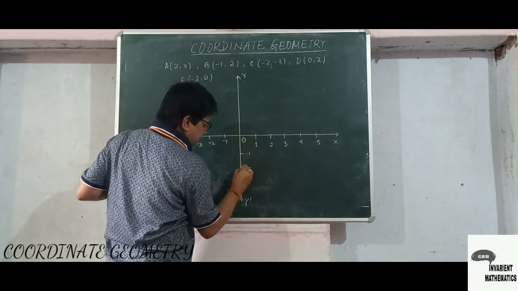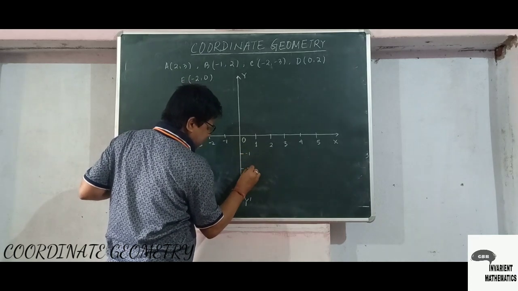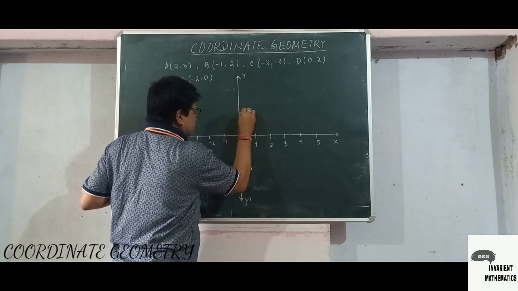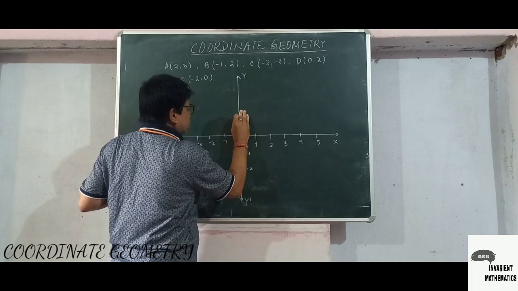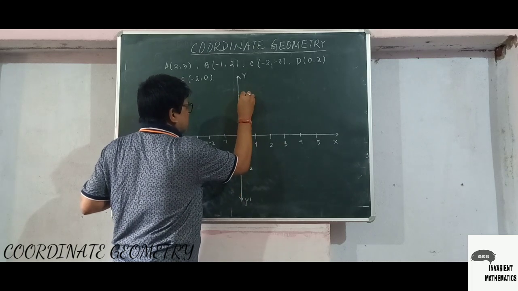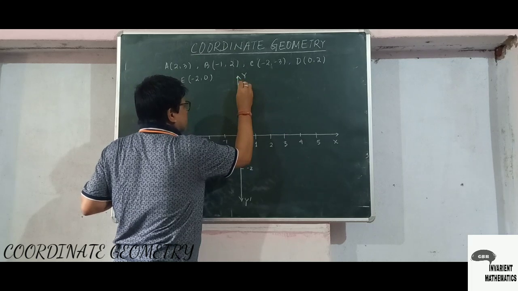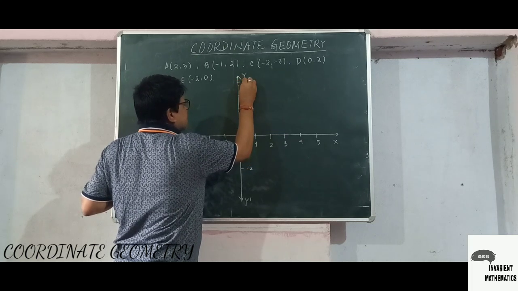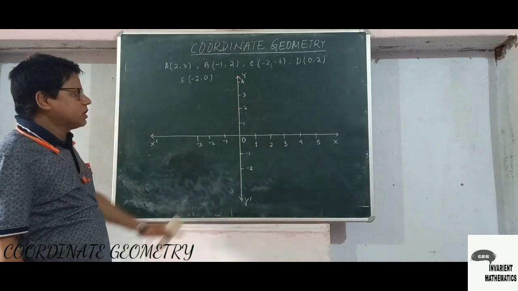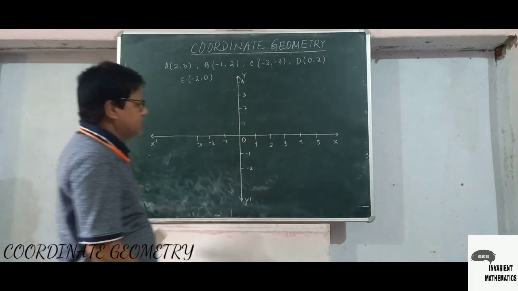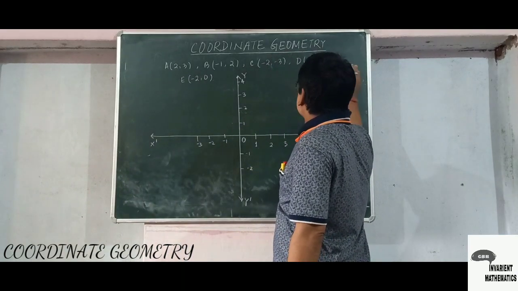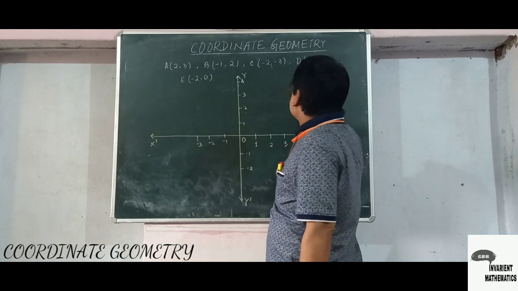And I am marking the lines like this. Mark on the dark line. So this is on the x-axis, right on the top right corner of the graph sheet.